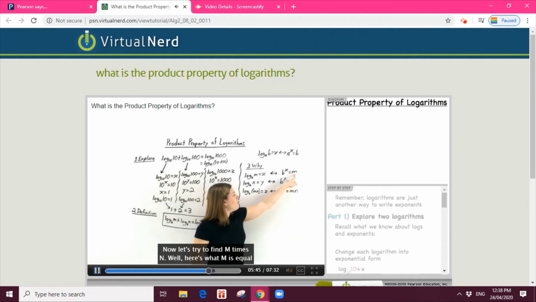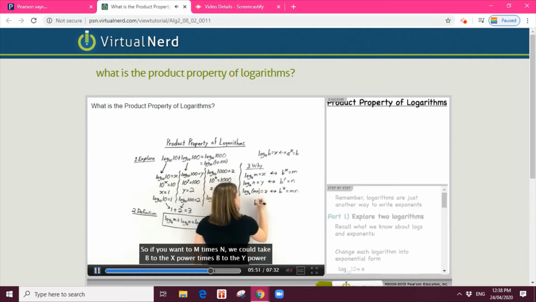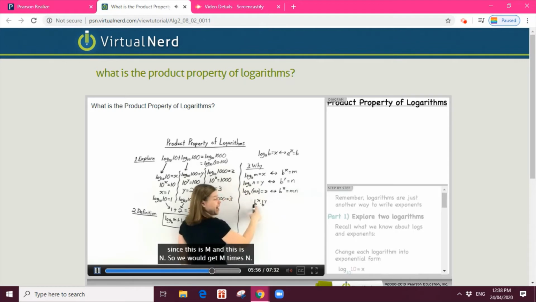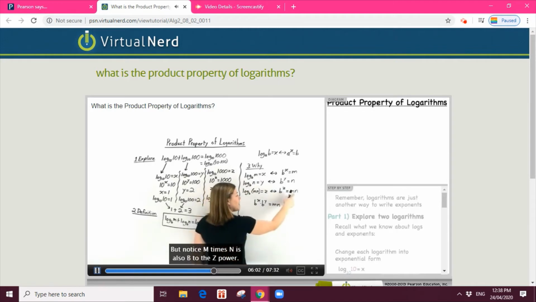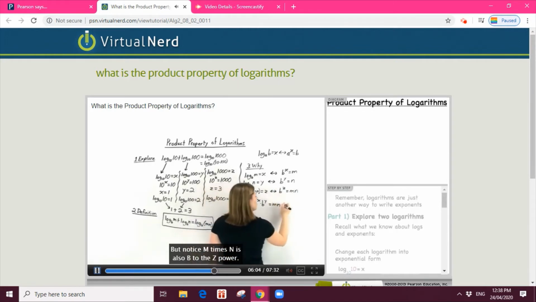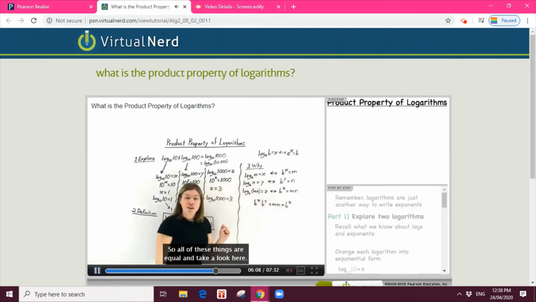Well, here's what m is equal to, and here's what n is equal to. So if we want to take m times n, we could take b to the x power times b to the y power, since this is m and this is n. So we would get m times n. But notice, m times n is also b to the z power. So all of these things are equal.